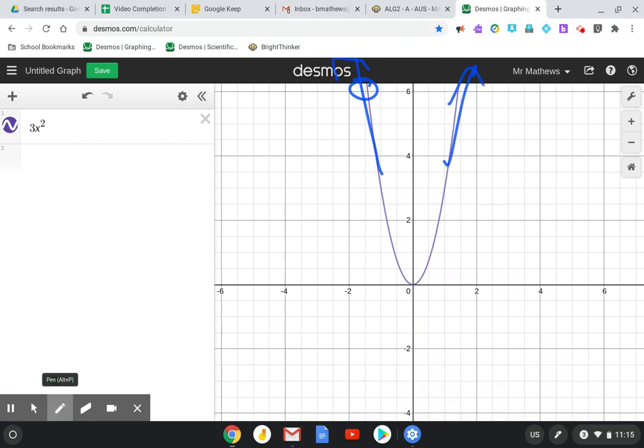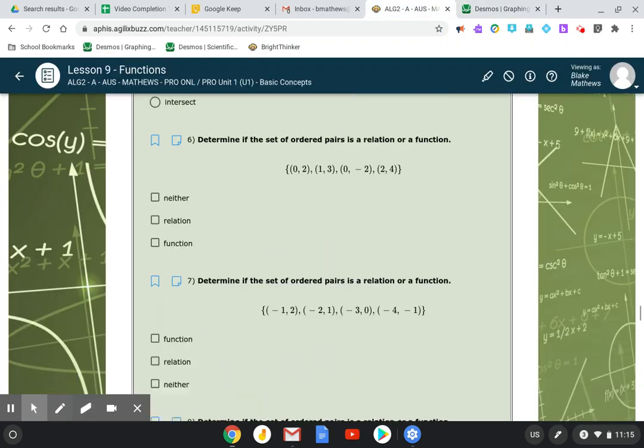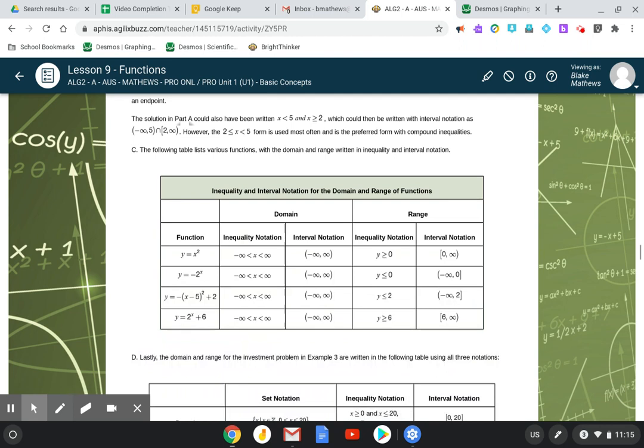And also in your lesson, they have a brief discussion of this. They talk about the fact that with quadratic functions, like this one right here, the domain has this inequality notation or this interval notation.